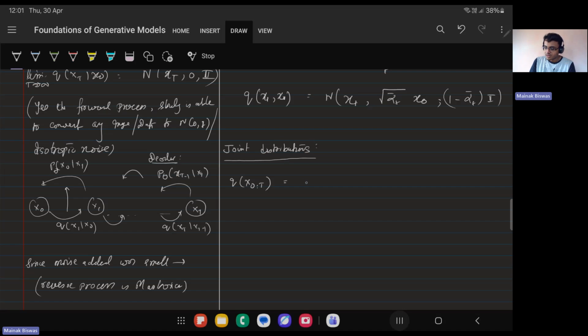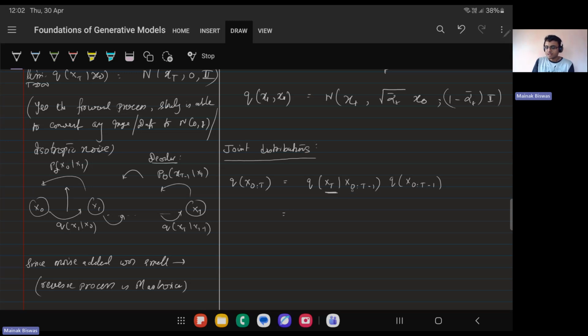So you can write this as q of xt given x0 to t minus 1, into q of x0 to t minus 1. This is just by the law of total probability, or rather by Bayes rule, the rule of conditional distributions. I just factored out xt, the tth variable, and conditioned on every other variable.